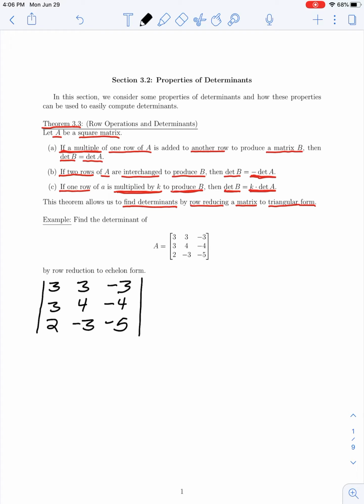So one operation that I could perform here to try to put this matrix in row echelon form would be to make this leading coefficient in my first row a 1. And an easy way to do that here is by noticing that the entries in that first row are all multiples of 3.